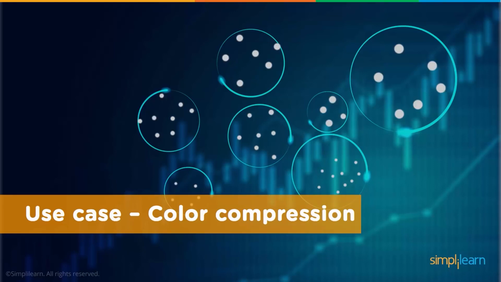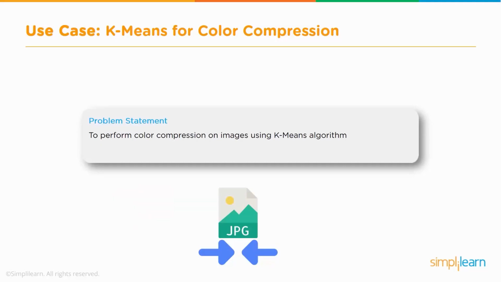We'll take a couple of images, so there will be 2 examples, and we will try to use k-means clustering to compress the colors. This is a common situation in image processing when you have an image with millions of colors, but you cannot render it on some devices which may not have enough memory. So that is a scenario where something like this could be used.